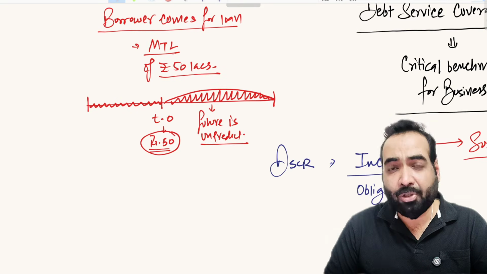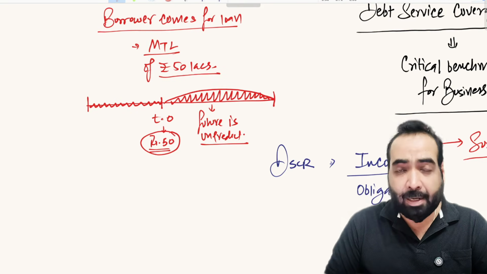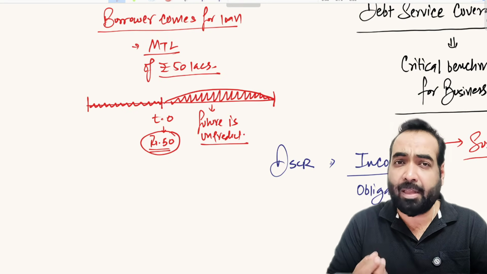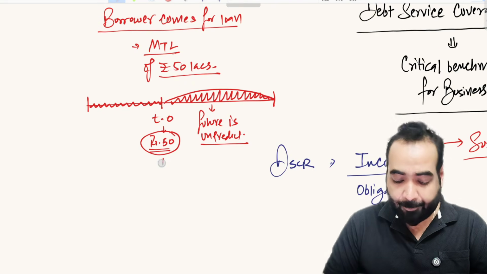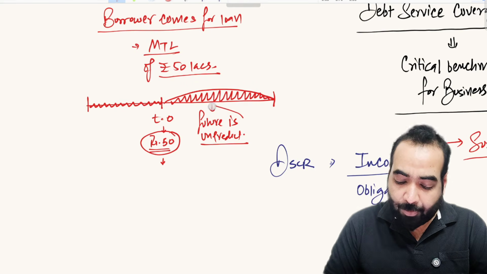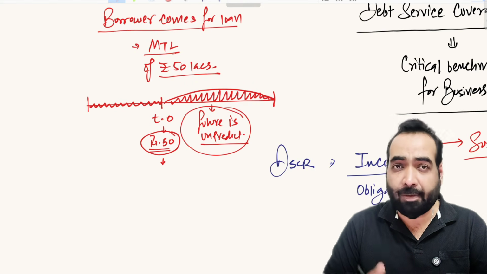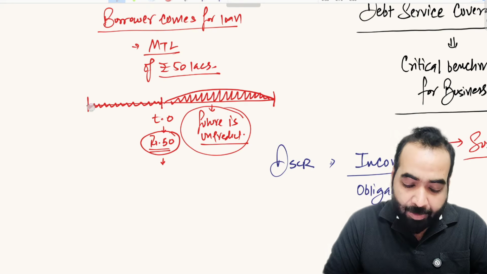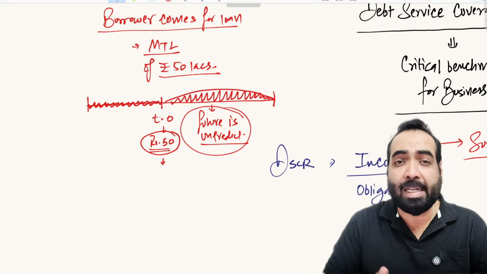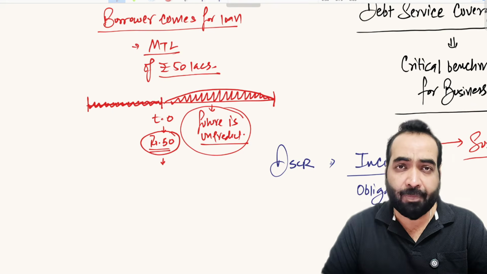So we need to make sure that the borrower is earning enough profits in the future, enough cash profit in the future, which will be used to repay our debt. So we don't know the future. That we already know. We already know his past. That how much he has earned in his past, right?